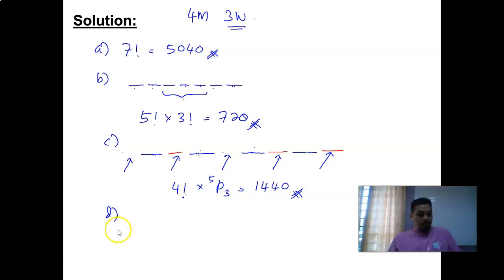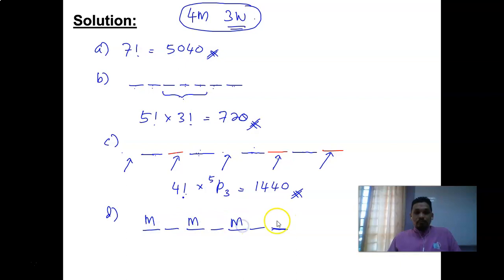Then D. The male and female cadets sit at alternate places. Because we have 4 men and 3 women, just imagine that we arrange 7 seats, 1, 2, 3, 4, 5, 6, 7. According to the numbers here, 4 men and 3 women, it must begin with a man and end with a man too.